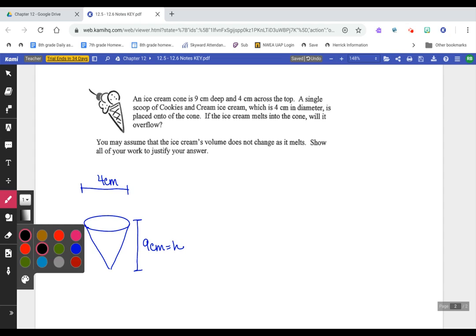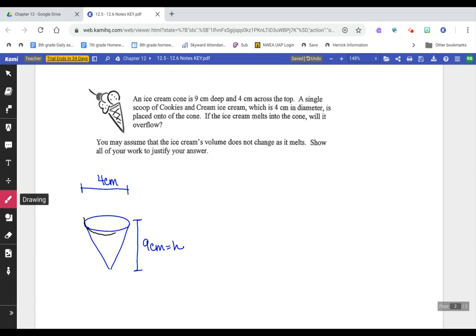So let's put our single scoop, which is also the same diameter of 4 centimeters. If the ice cream melts into the cone, will it overflow? And we are to assume that the ice cream's volume does not change as it melts.